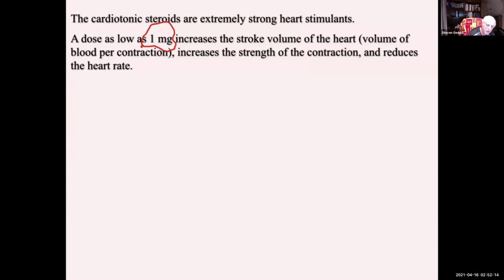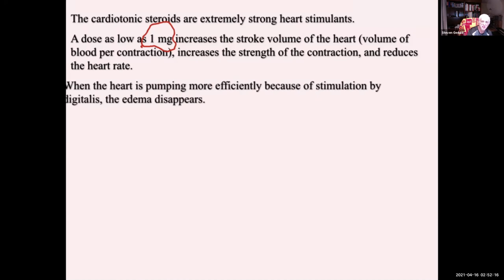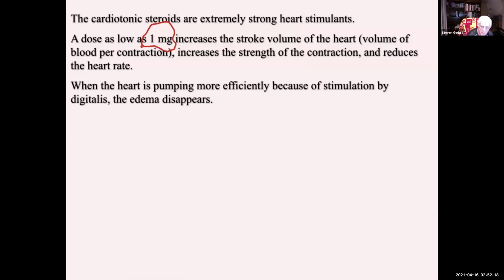And then it slows the heart rate down. That's what digitalis does. When the heart is pumping more efficiently because of stimulation by digitalis, the edema disappears. You got liquid built up in the legs. As the blood's flowing more freely, it can return that fluid in the extremities back into the venous system and go back into the heart.